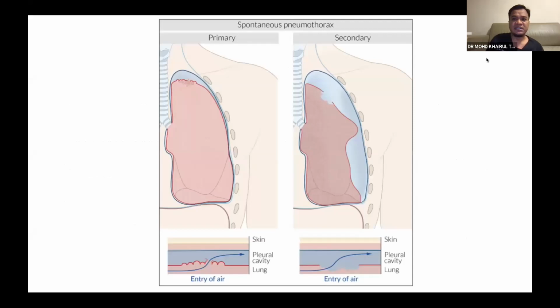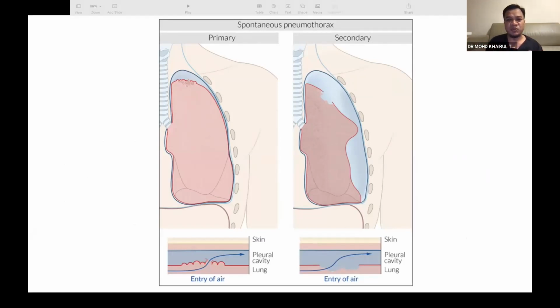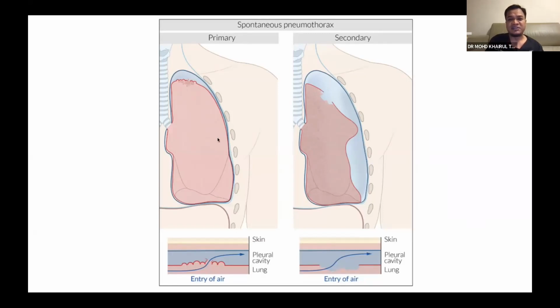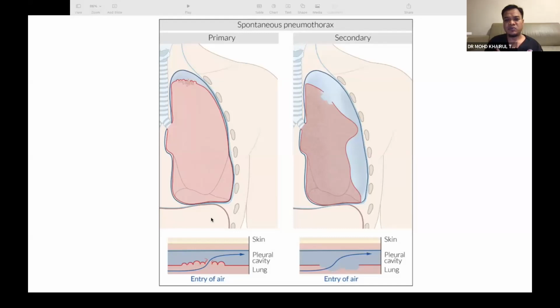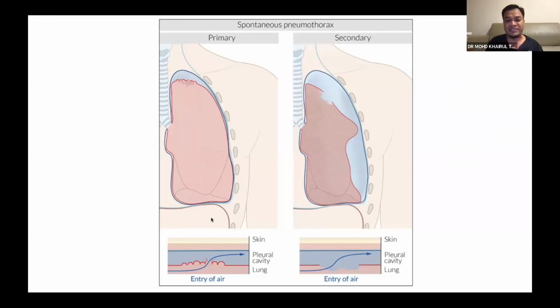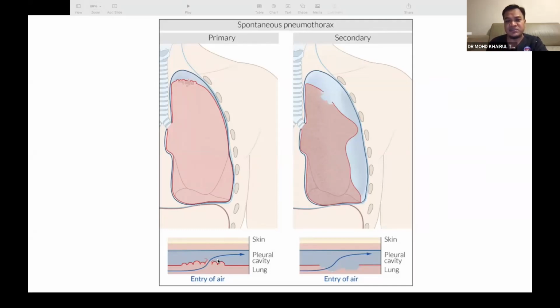So let's talk about how pneumothorax occurs, and why management of primary spontaneous pneumothorax differs from secondary pneumothorax. In primary spontaneous pneumothorax, we usually assume the lung is normal. Spontaneously, one of the alveoli ruptures and causes a leak of air inside the pleural cavity and pneumothorax. We assume only minimal injury occurs here, and because the lung is normal, there is a high chance of recovery, and the recovery process is quite fast.